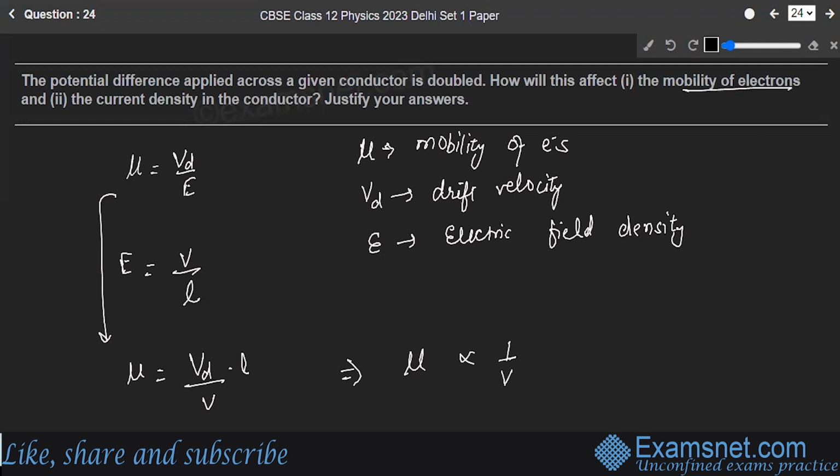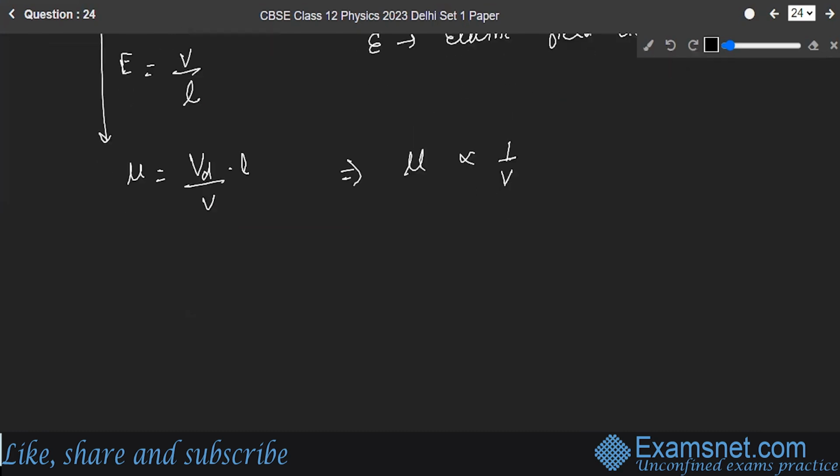So if the potential difference is doubled, the mobility of the electrons will decrease. If V is doubled, mobility will be halved.